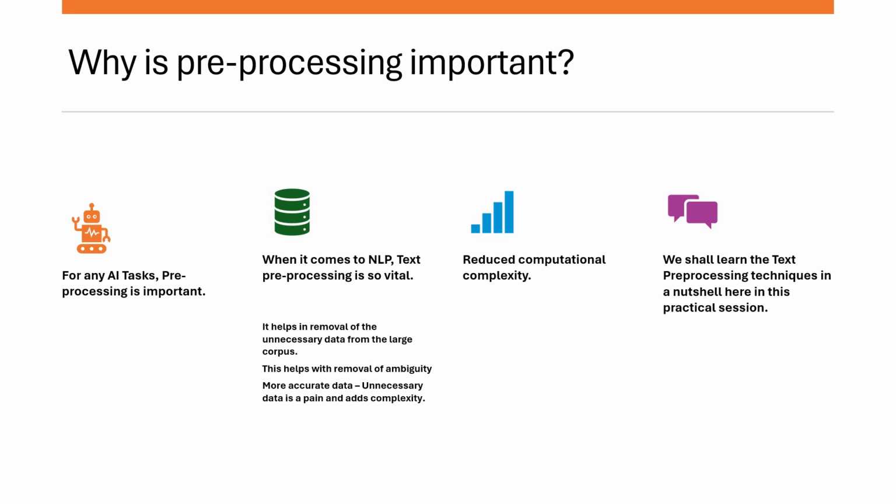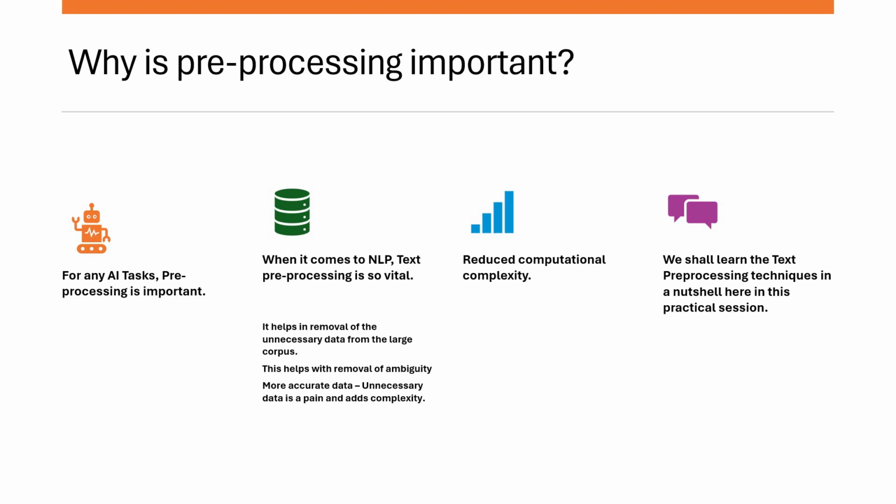More accurate data can be gotten when you go ahead with text pre-processing. Unnecessary data is a pain and adds a lot of complexity to the entire process, and we could avoid that with text pre-processing. The computational complexity will definitely be reduced.